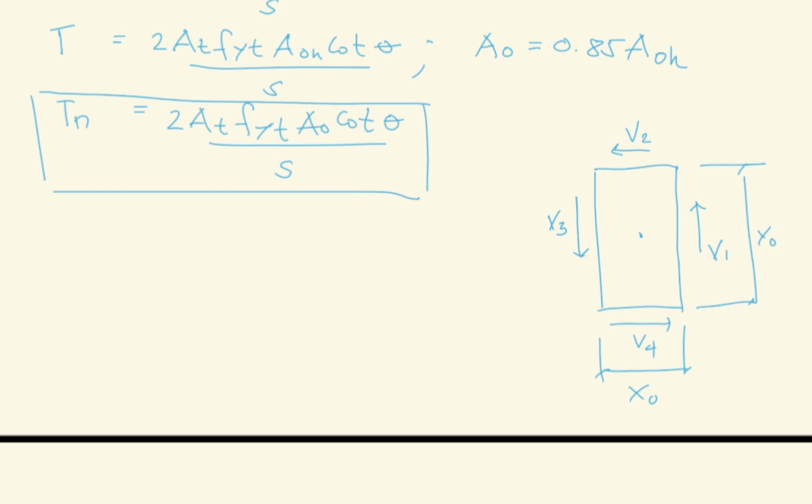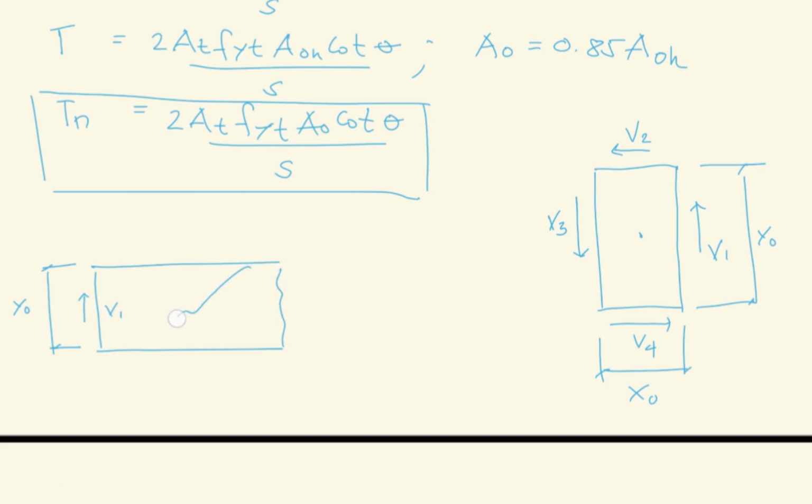We also need to idealize a section of the beam. So this has a dimension of y sub o, and we have our shear V1 in here.